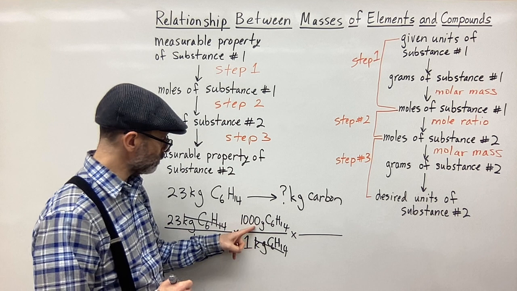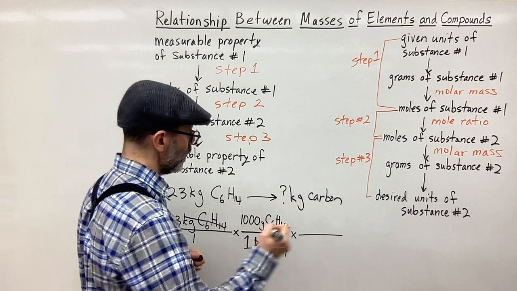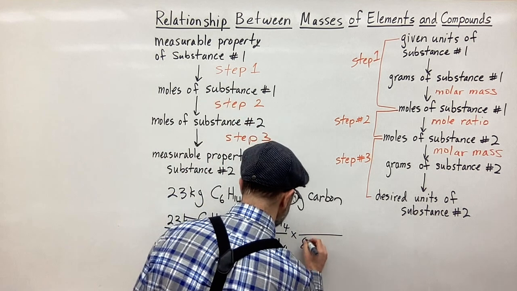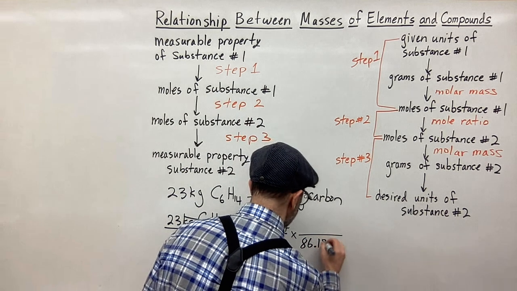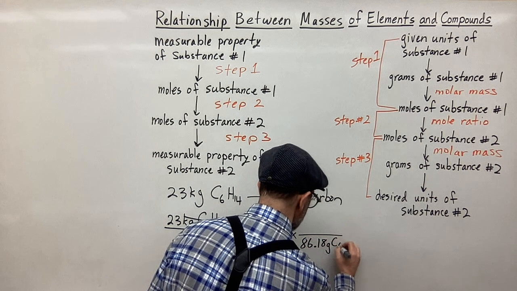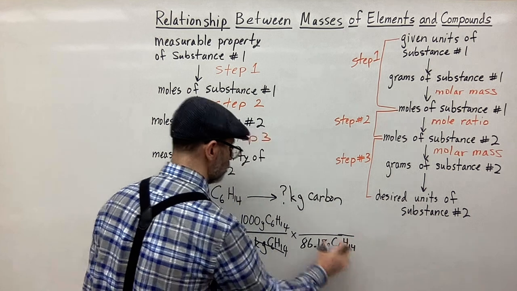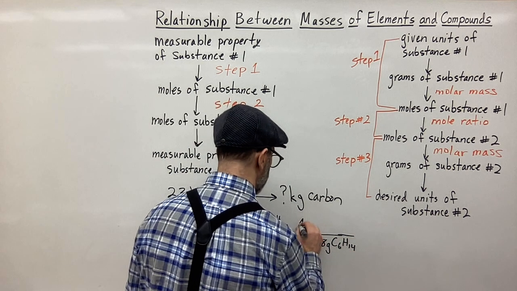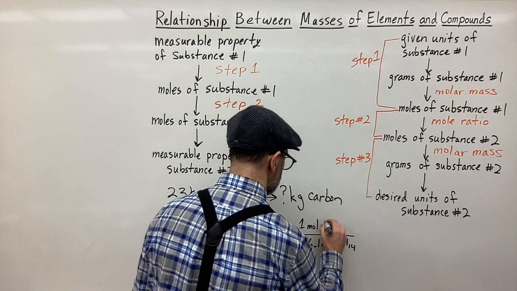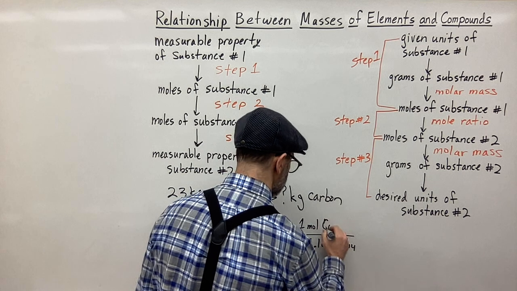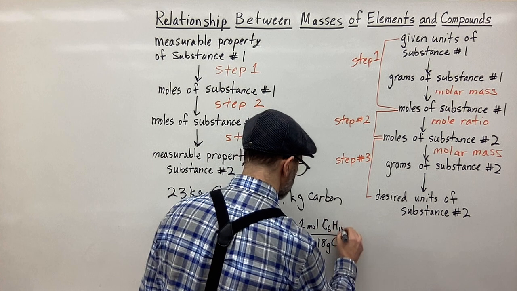Since I have grams of hexane on top, I'm going to put 86.18 grams of hexane on the bottom, and then 1 mole of hexane on top.